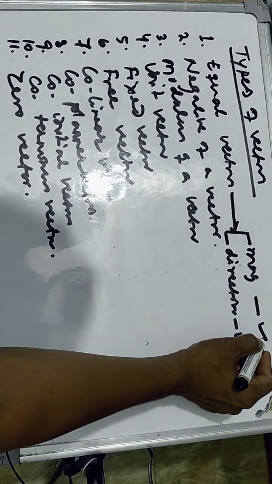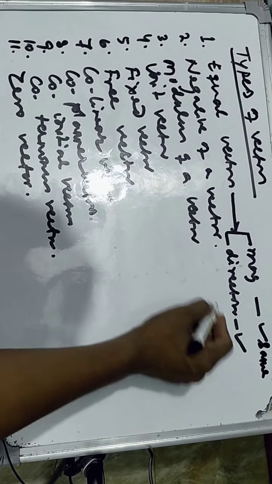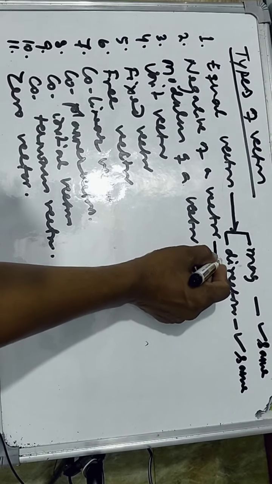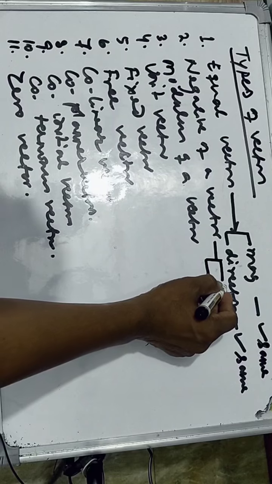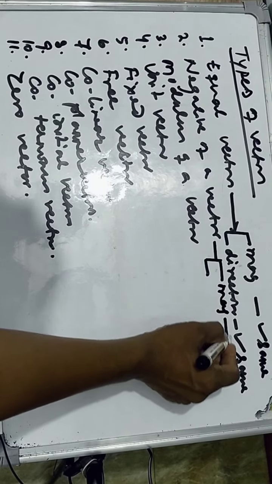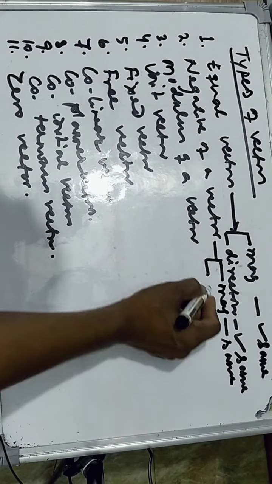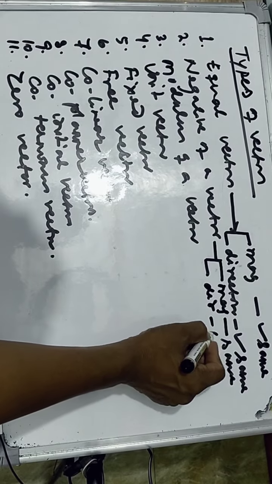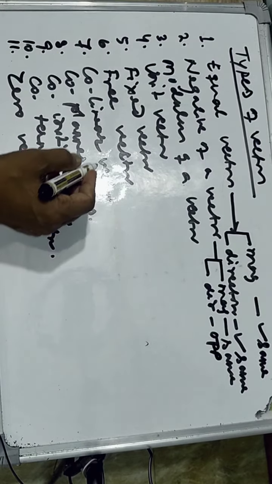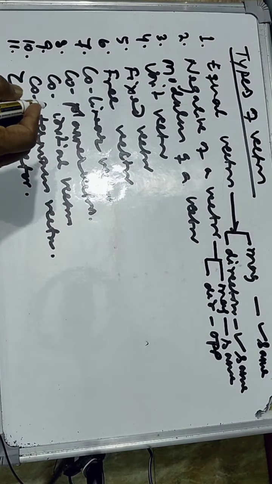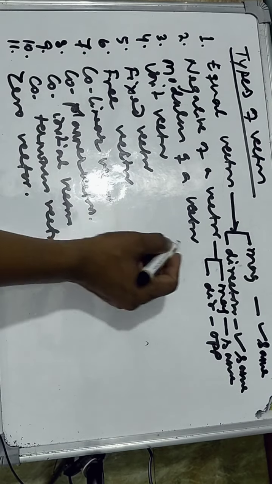Negative of a vector says if magnitude is same and direction is opposite, then this vector will be termed as negative vector of the earlier vector.